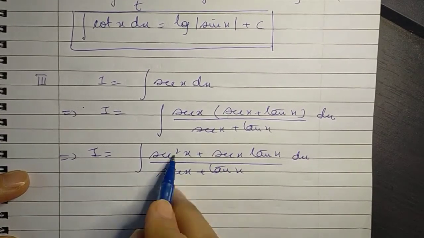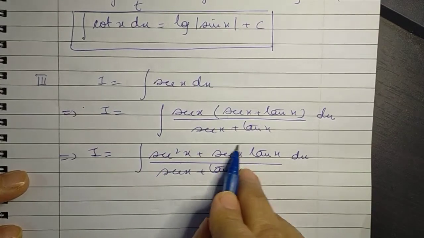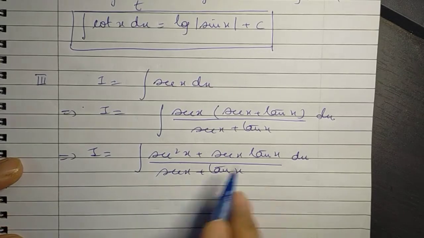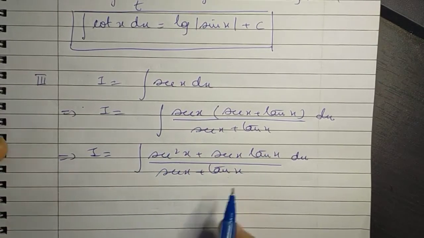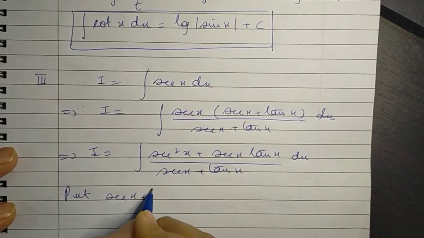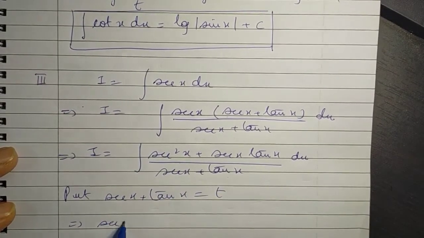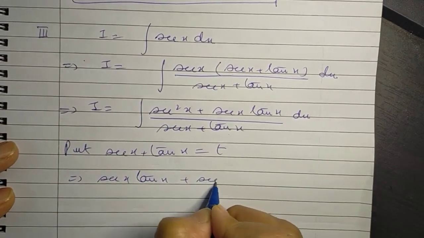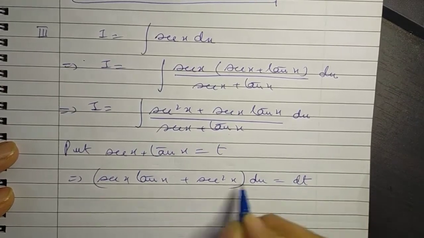In this, sec squared x is the derivative of tan x, and sec x tan x is the derivative of sec x, and so clearly the numerator is the derivative of the denominator. So we put the denominator as t. We get sec x tan x plus sec squared x whole into dx is dt.